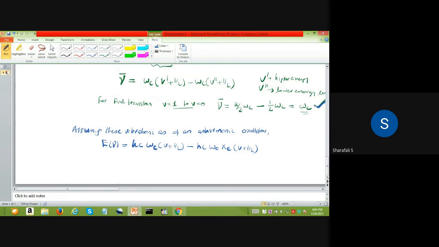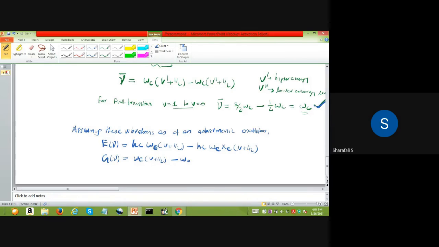You can denote these letters with other possible letters, because in some books it is written differently. Similarly, in terms of wave number, this will be equal to omega C into V plus half minus omega C xC into V plus half squared. This could also be omega E, or you can use omega C for all those values.